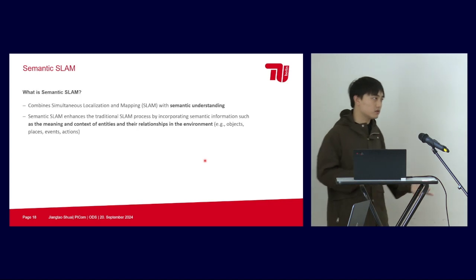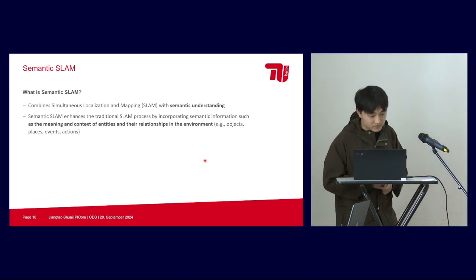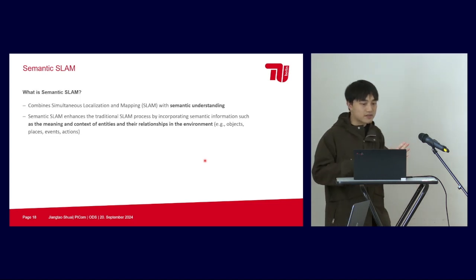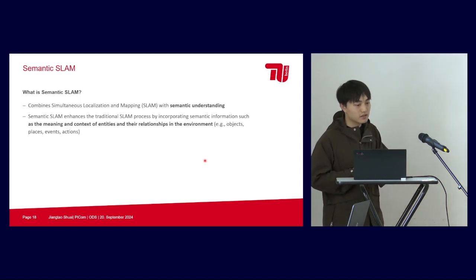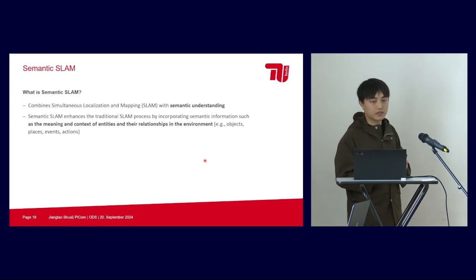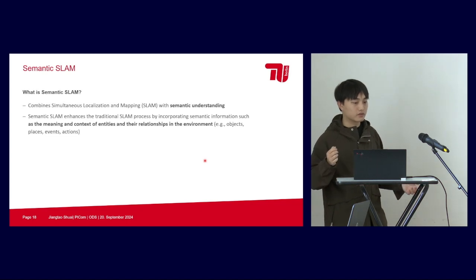Robots also need to do the same thing for navigation. Semantic SLAM combines SLAM with semantic understanding, which means it gives the meaning and context of the entities observed in the environment. It also gives the relationships of the objects surrounding the robot.